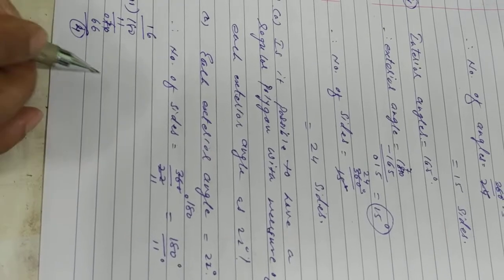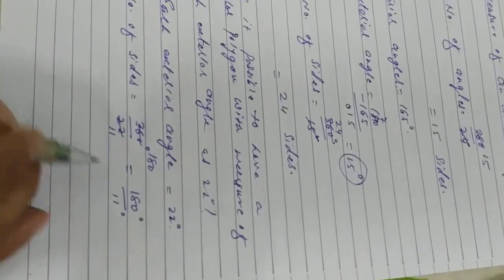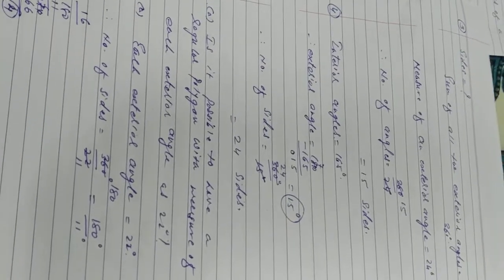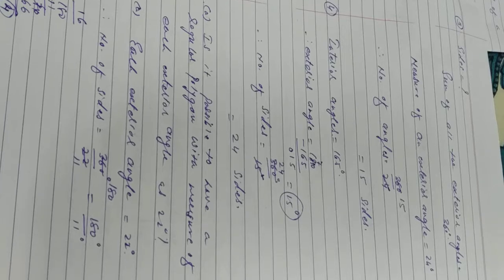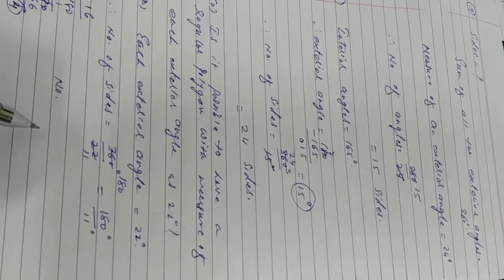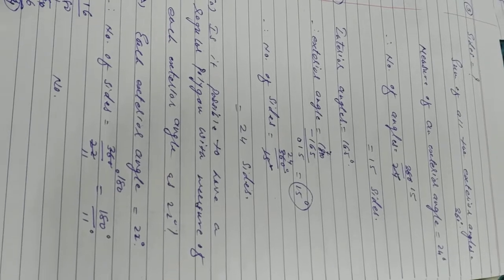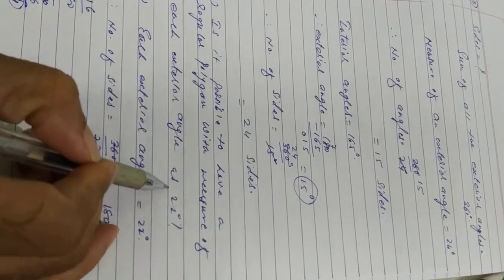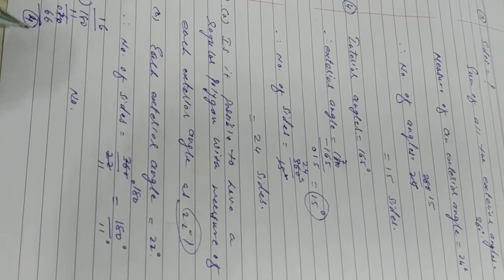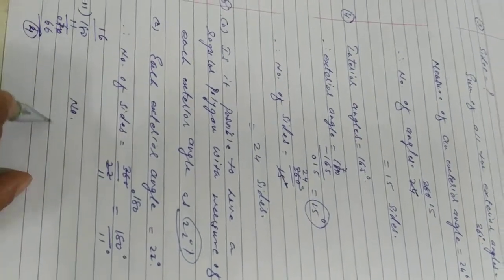So here we got the result in decimal, in an improper form. So we can say we don't have any regular polygon with an exterior angle of 22 degrees. Because here we won't get a whole number.